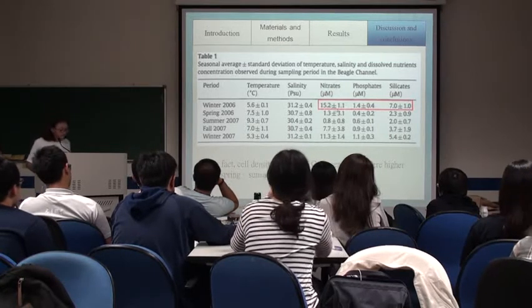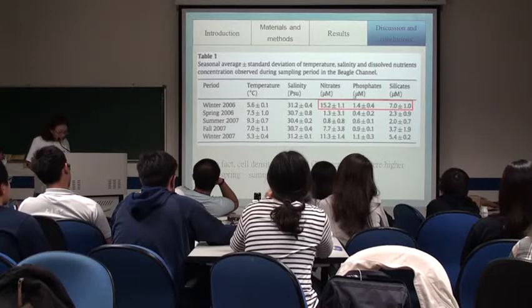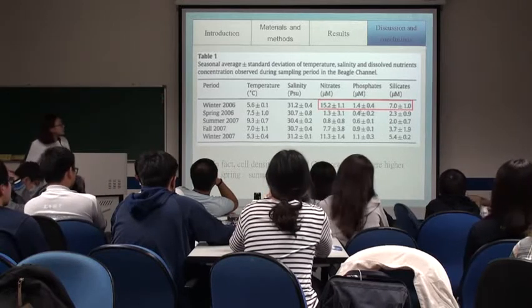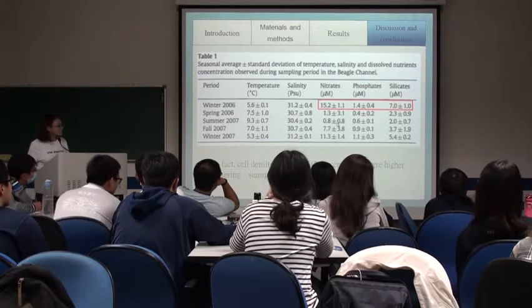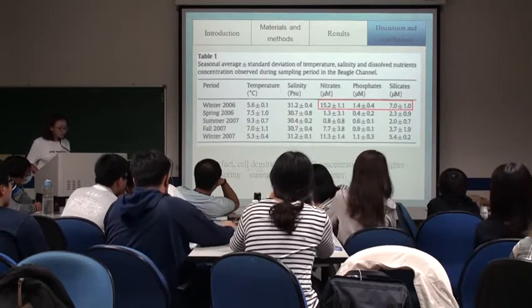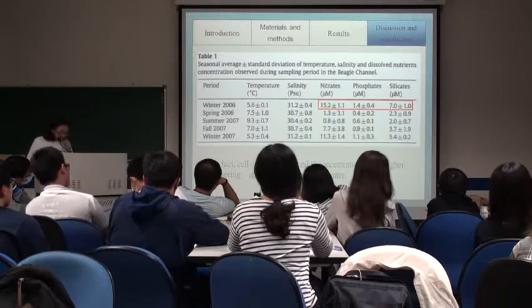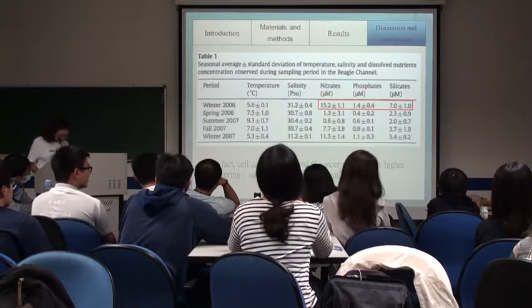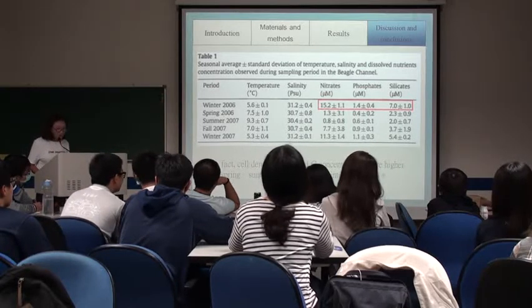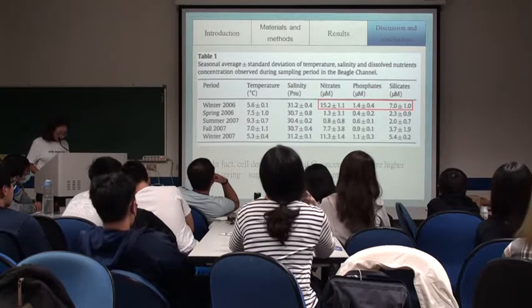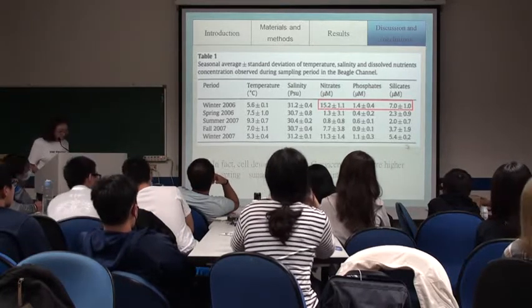In the winter, we can see the nitzschia, which is higher than in other seasons. Chlorophyll a and c concentrations were higher in spring and summer than autumn and winter.